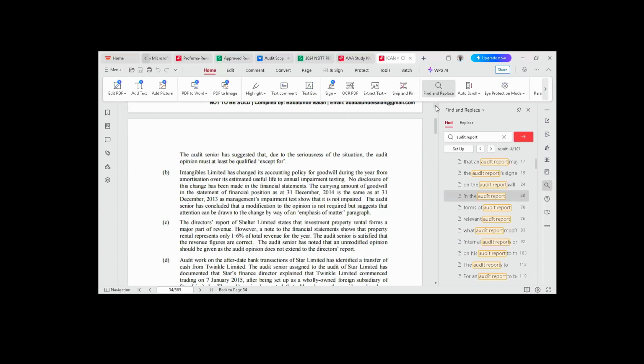So what we're saying here is that a letter of comfort is a letter that gives an assurance that the organization is sufficient or is able to continue its operation without any issue.